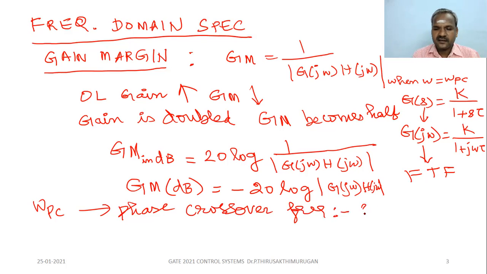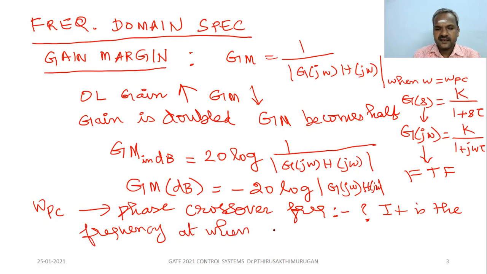That means it is the frequency at which the phase angle of G of j omega, H of j omega equals minus 180 degrees.